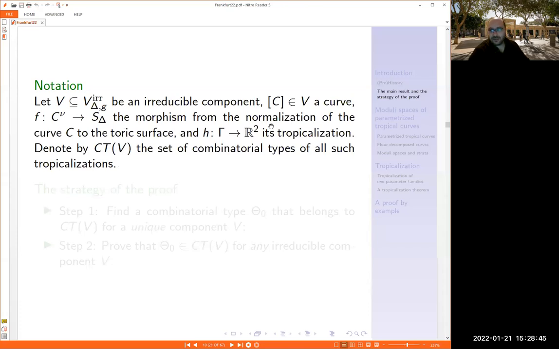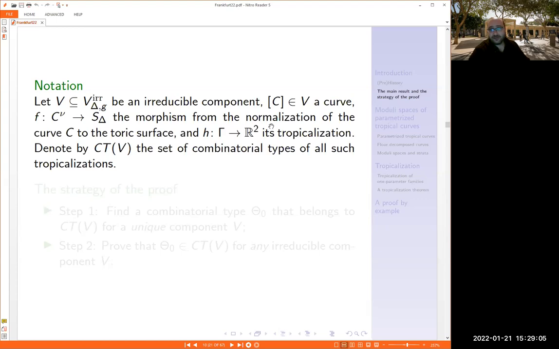To do this, let me introduce some notation. Assume that we are given some irreducible component of a Severi variety. Now we work over a non-Archimedean field so that I can freely talk about tropicalizations of things, and I have this tropical counterpart of the algebraic statements.